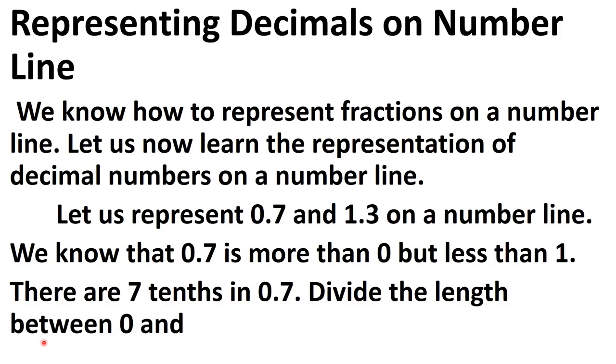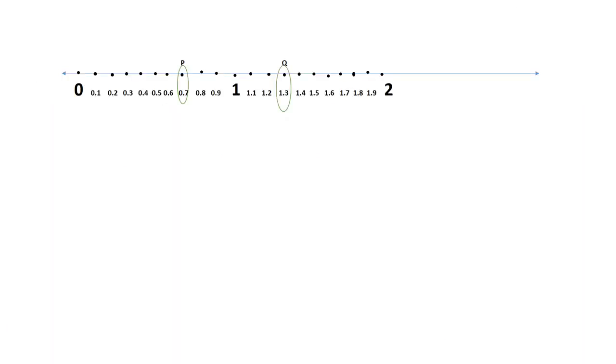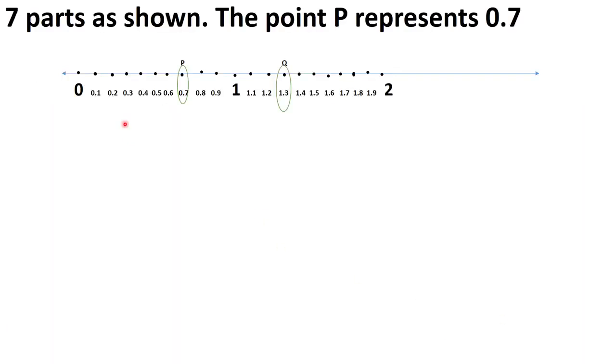Divide the length between 0 and 1 into 10 equal parts and take 7 parts as shown. The point P represents 0.7. Now see in this number line, here is 0 and here is 1. We have divided the gap between 0 and 1 into 10 equal parts.